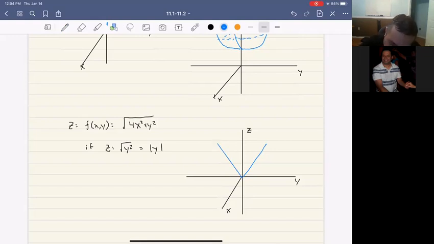But when you look at the zx plane, when you look at z against x, it's going to be a little bit sharper. It's hard to see, and it's hard to draw.